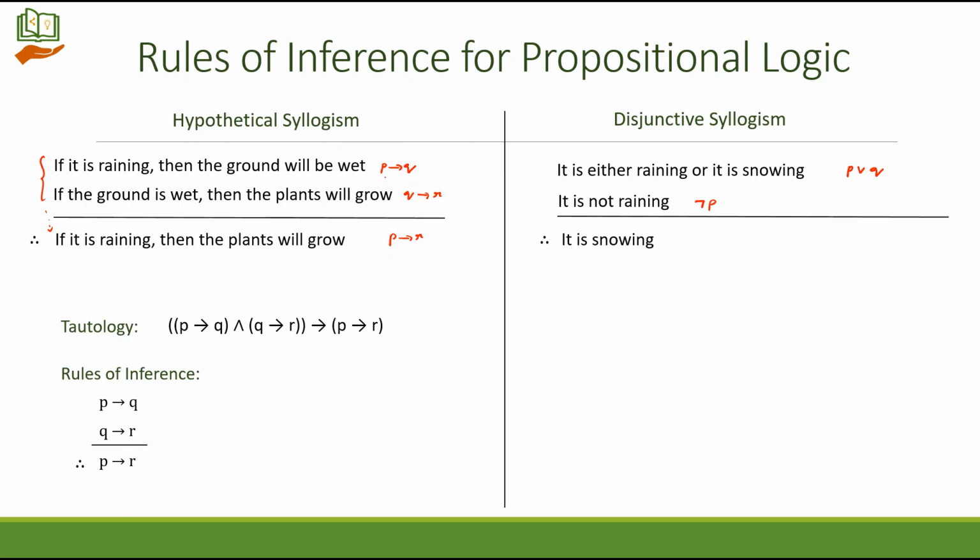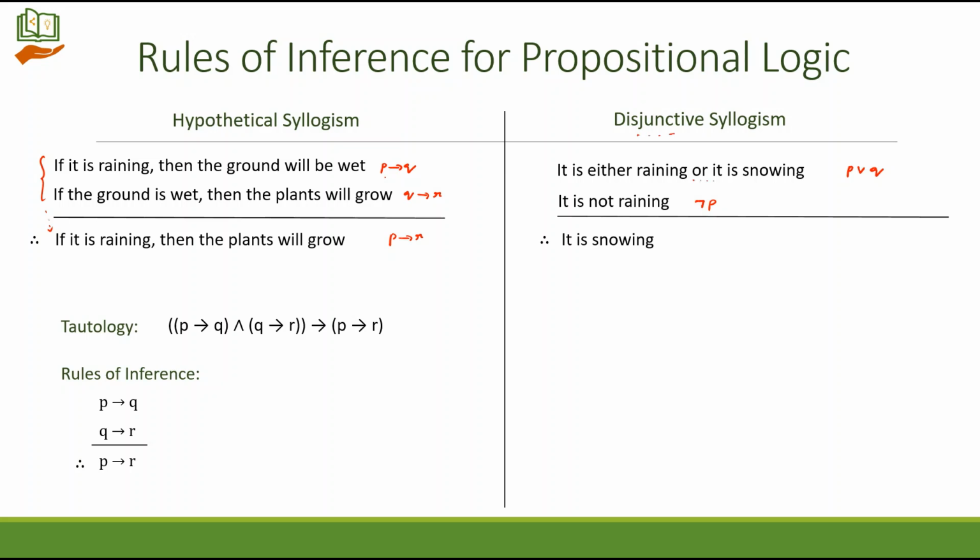We can say it is snowing. When two options are given and we say one of the options is not happening, automatically we will go for the other option. For example, in an objective question you will have 4 options. When you find the 3 options are not the answer, what will you do? You will automatically go for the 4th option to be the right answer. The similar thing is happening in disjunctive syllogism.